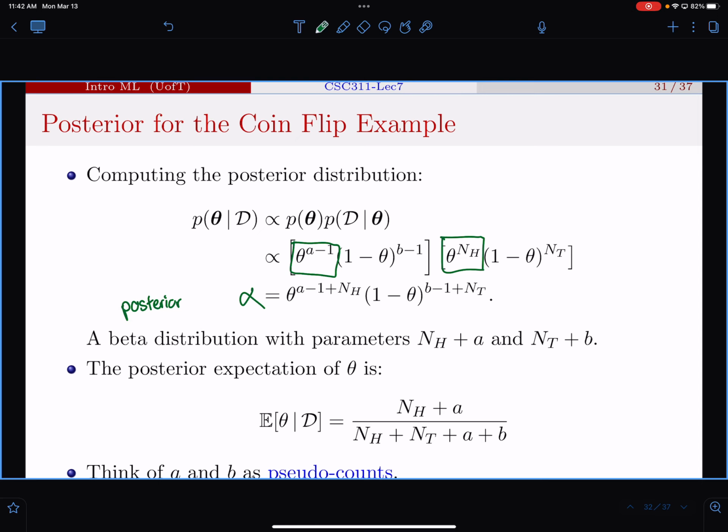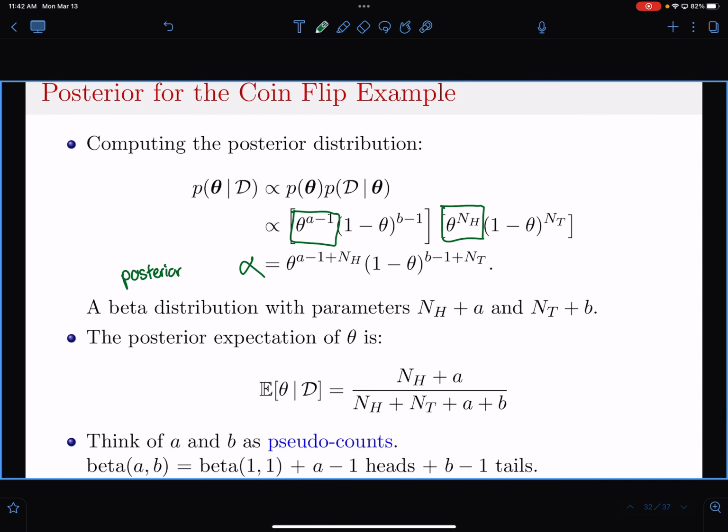So our posterior distribution is proportional to this term. In general, our posterior is some complicated function, but because we know the expected value of the beta distribution, we can compute the expected value of theta given the data set. That expectation uses what we had from before, where this is like the new A, so let's use A tilde, and B tilde.